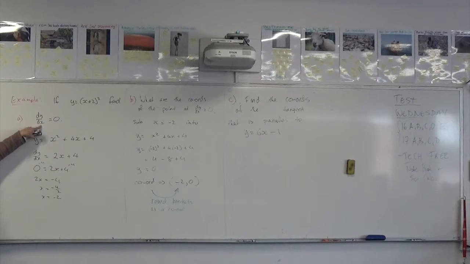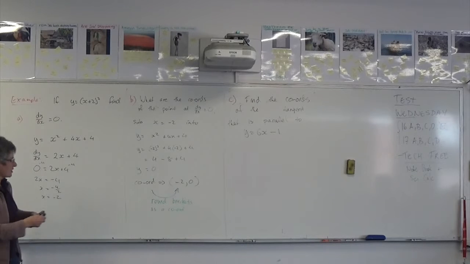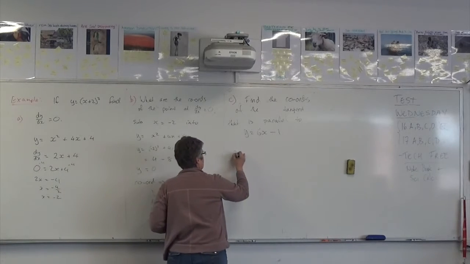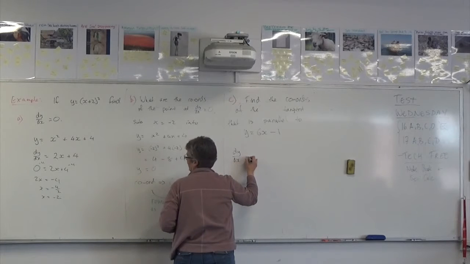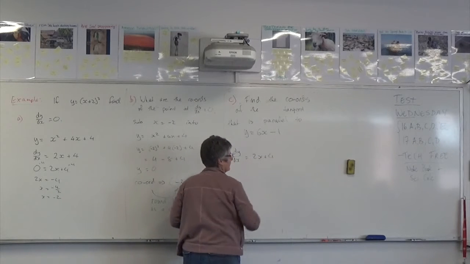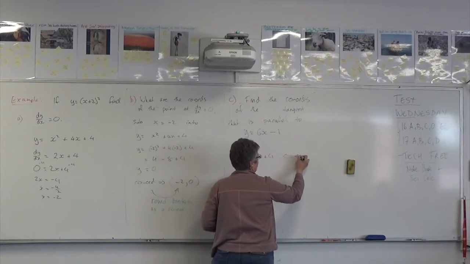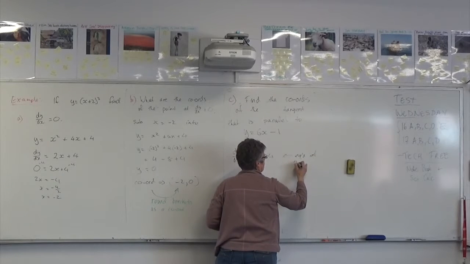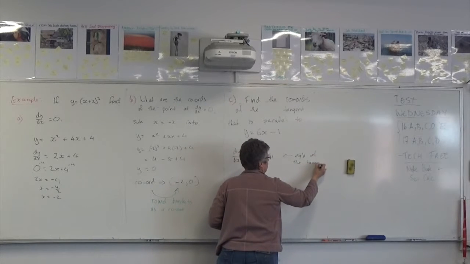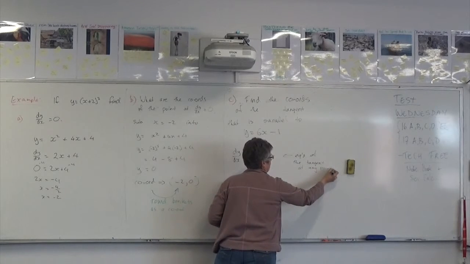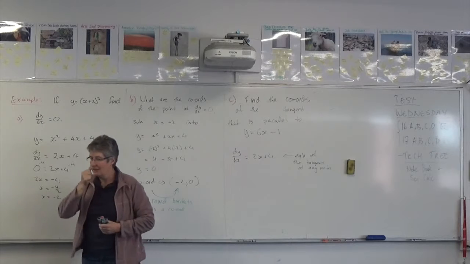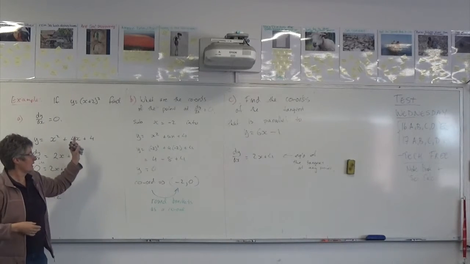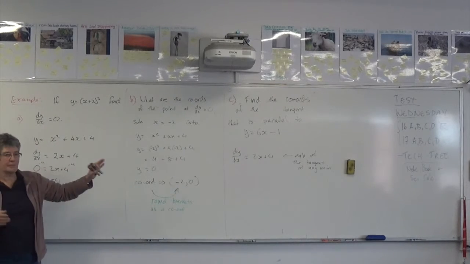So we know dy/dx equals 2x plus 4. Yep. So dy/dx is the gradient, the equation of the tangent at any particular point.